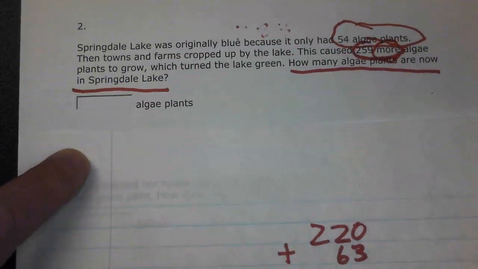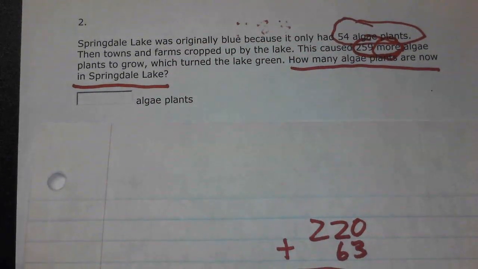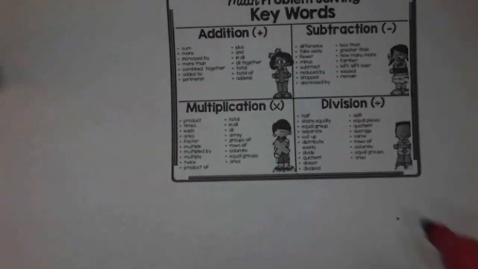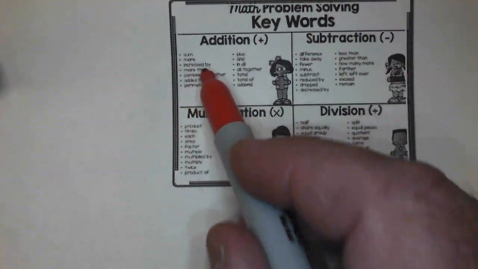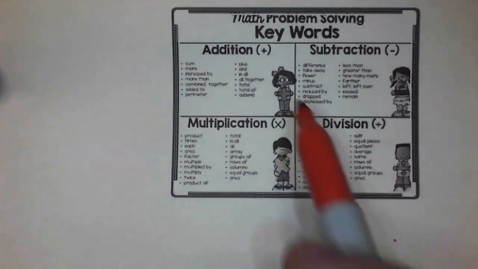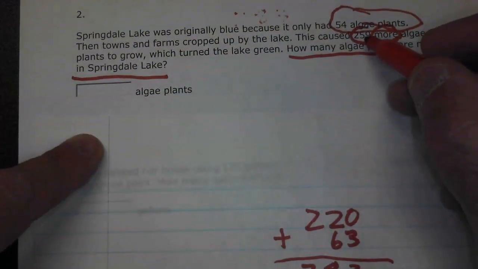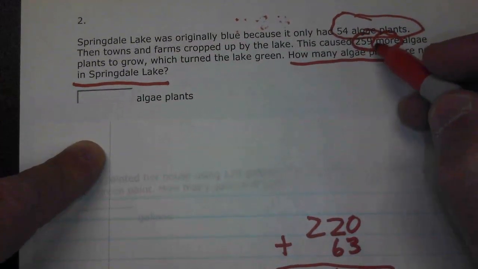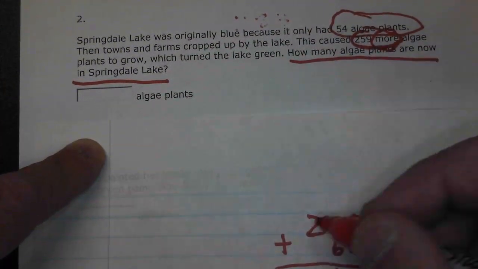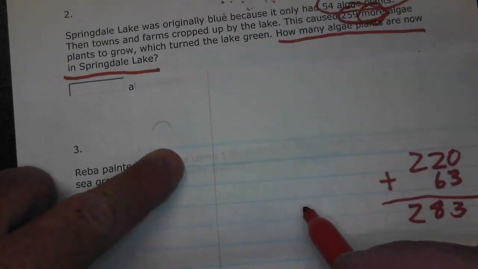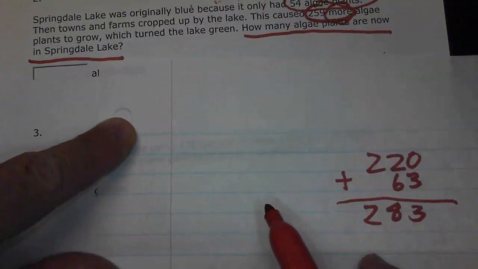That important word there, more, because as I look on my chart, I see that word here, more. That means I'm going to be adding, so it tells me how to work the problem. So I'm going to take 54 and add it to 259. So I'm just going to work right by the side of my other problem here.